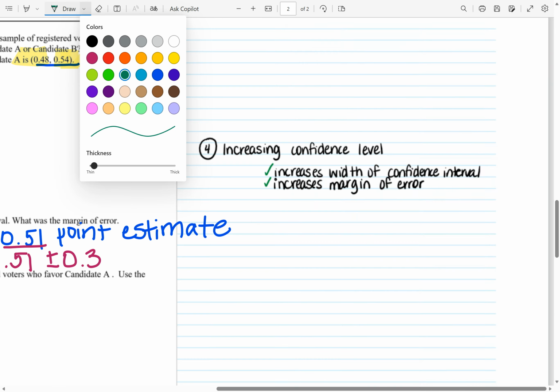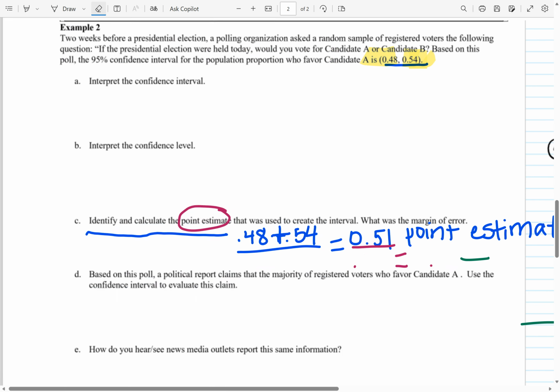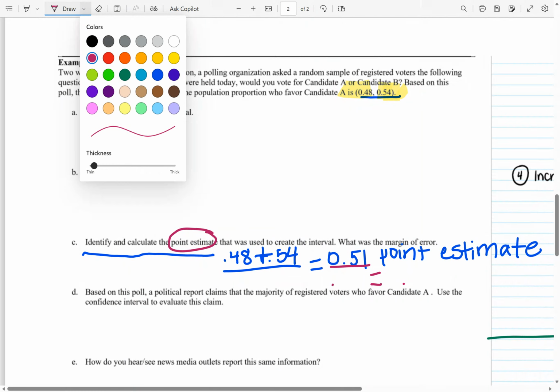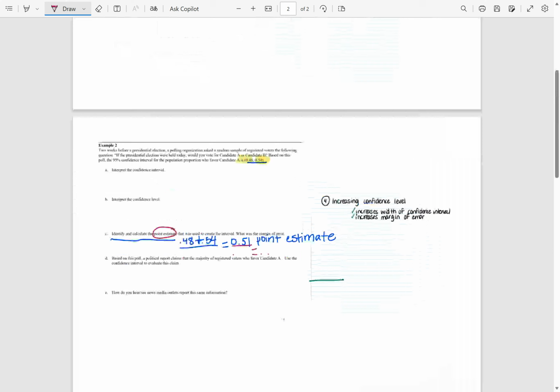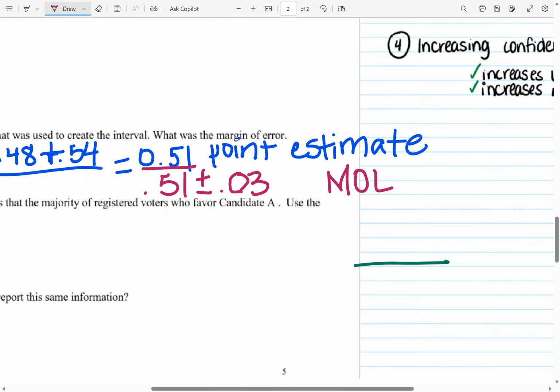The margin of error is 0.3. Hold on, let me check my math. It's not 0.3. It's 0.03. There we go. So 0.51 plus or minus 0.03. So my point estimate is 0.51 and my margin of error is 0.03.